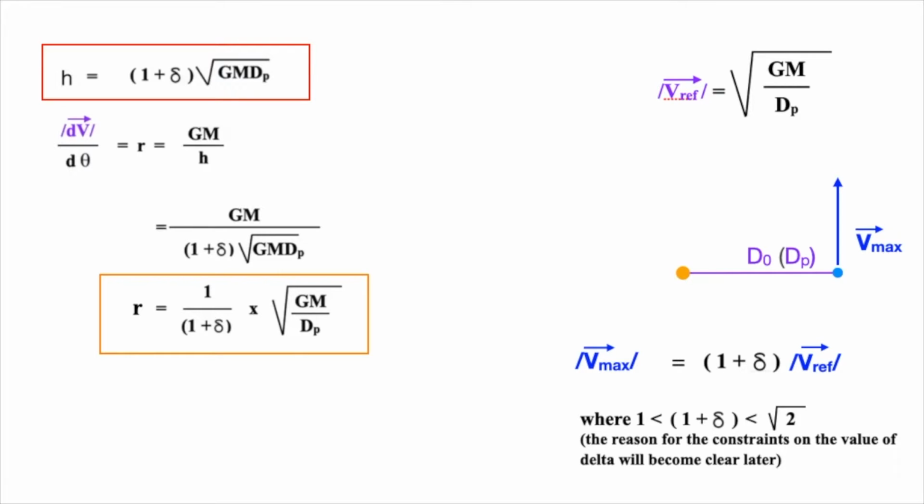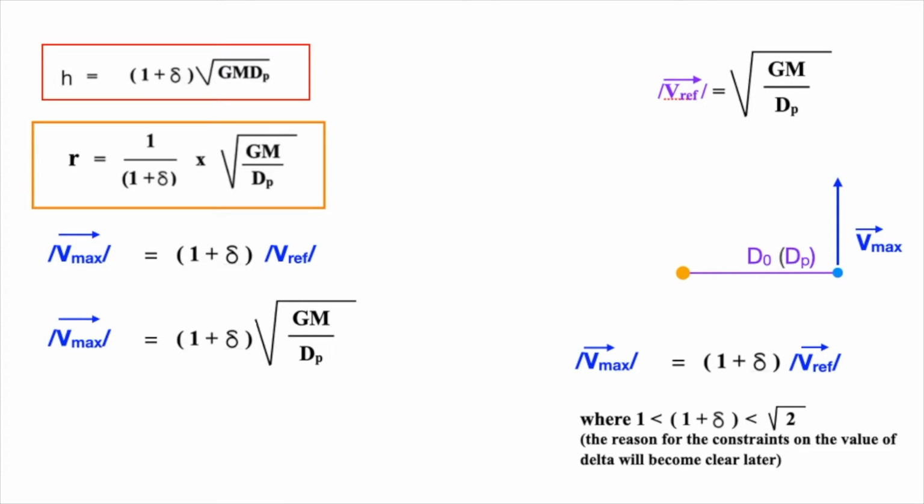Next, starting with the formula for r, the radius of the dv d theta circle in terms of h, we were able to derive a formula for r in terms of dp and delta. We then found an expression for the magnitude of Vmax in terms of delta and dp.